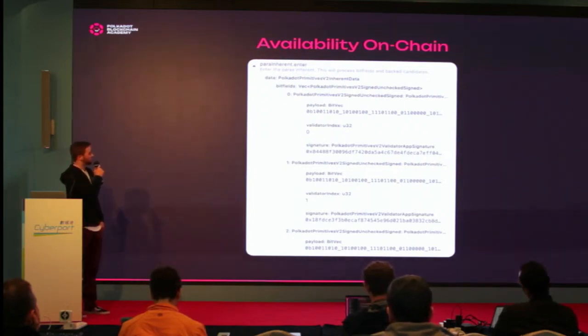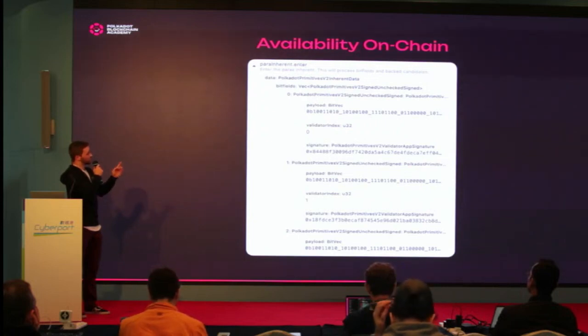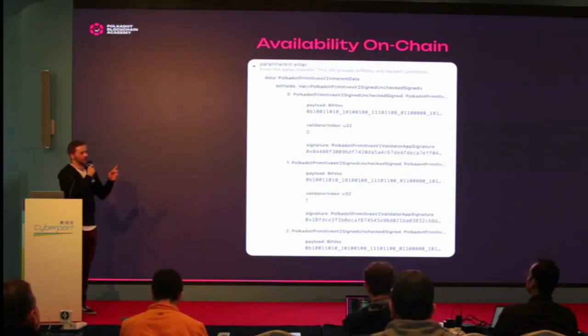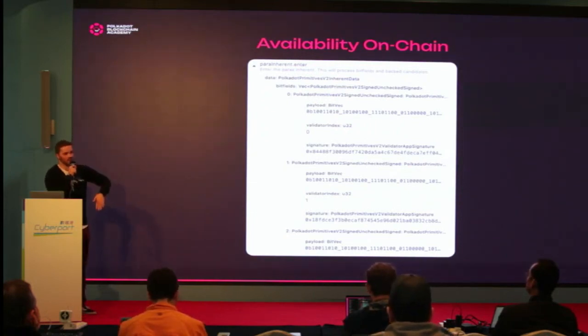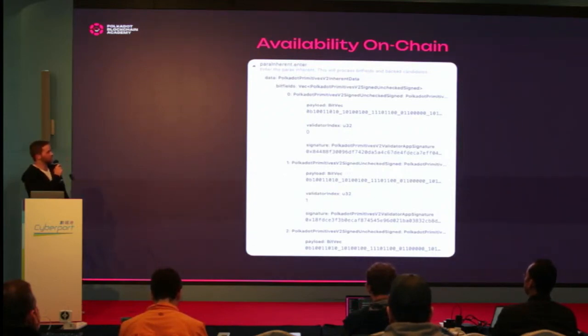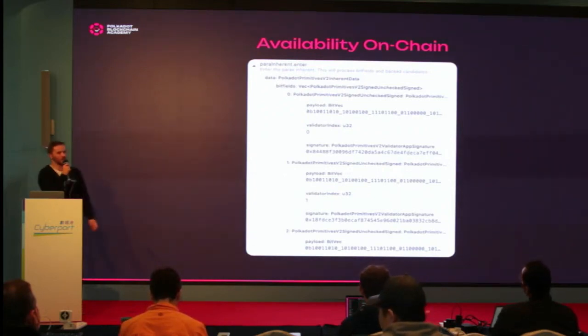You have a bit field associated with validator index 0, and it has this vector of bits within it. And those zeros and ones in that bit vec, those represent, I have this chunk, I don't have that chunk, I have this chunk. Like this validator is stating exactly which proofs of validity they have their chunk for.